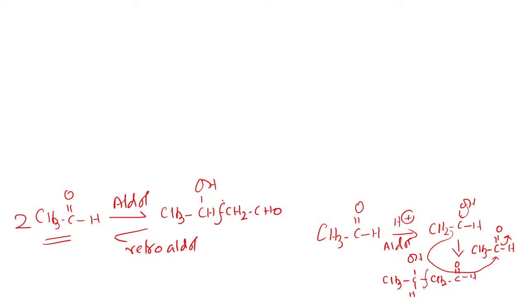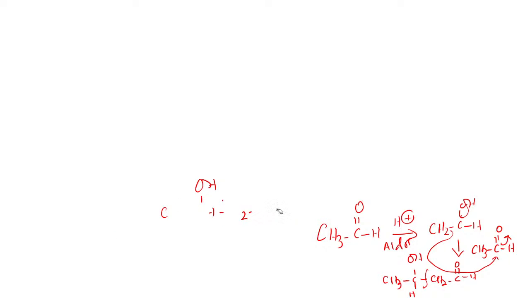The second question is, explain the 6-membered chair-like transition state in aldol reaction. So let us take this enolate.